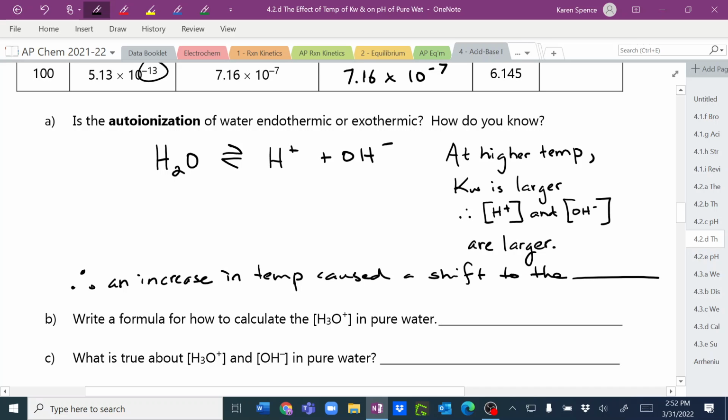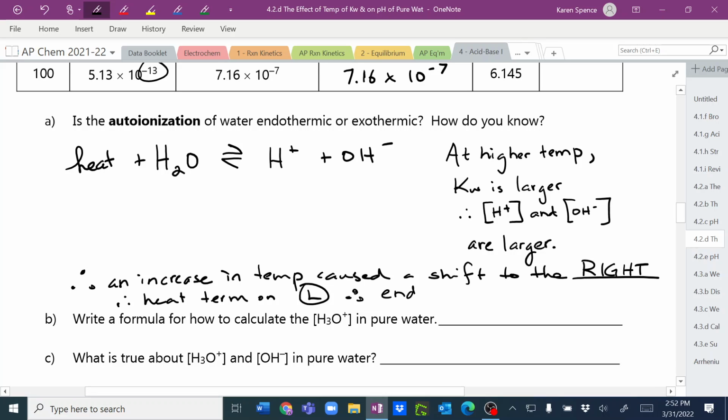So at a higher temperature, you have a larger Kw, and therefore your hydrogen and hydroxide are larger. Is this making sense so far? Okay. And if that's the case, an increase in temperature caused a shift to which way? Right. So where is your heat term? The heat term is on the left. And therefore, is the autoionization of water endothermic or exothermic?